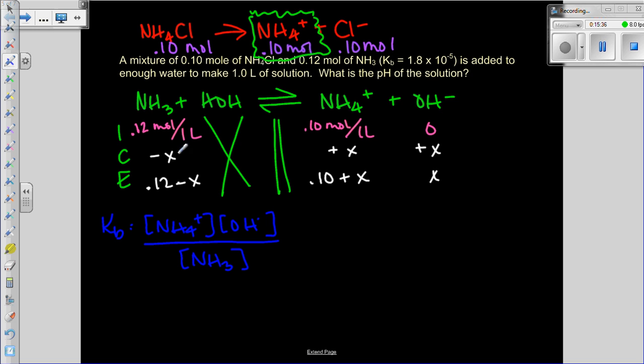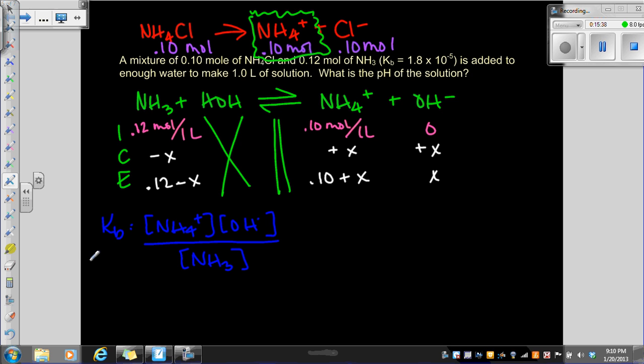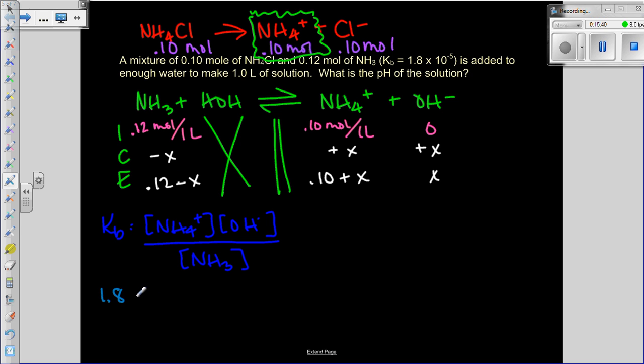I look for the KB of ammonia, and that is 1.8 times 10 to the negative fifth, pretty small. Ammonium is 0.10 plus X. Hydroxide is X. Ammonia is 0.12 minus X.